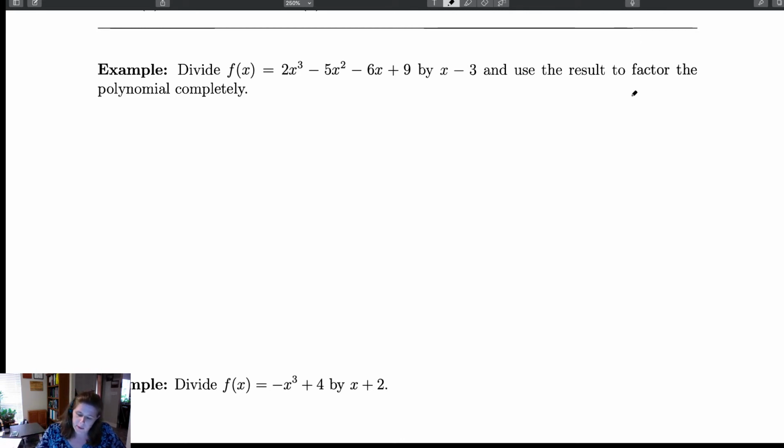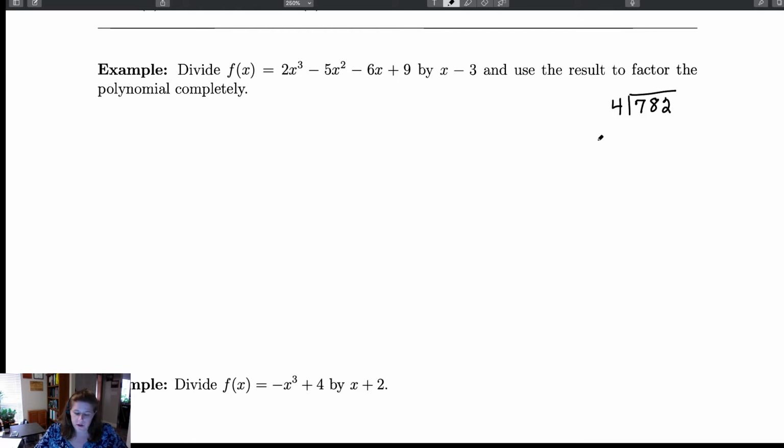So let's say we wanted to divide 782 by 4. If we were dividing 782 by 4, we would put the 4 on the outside and 782 on the inside of this symbol, and then we would go through and divide.